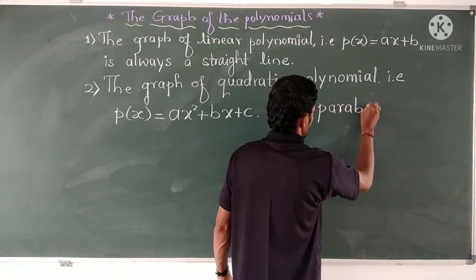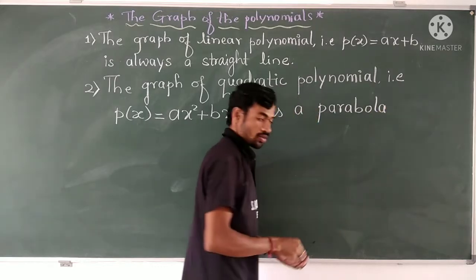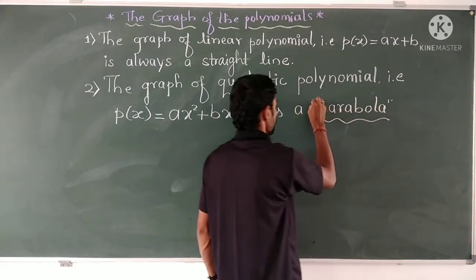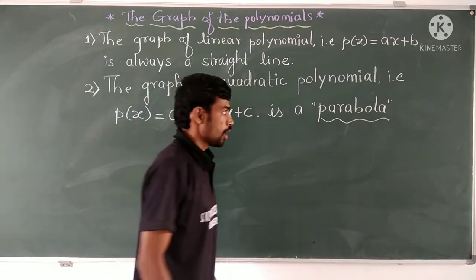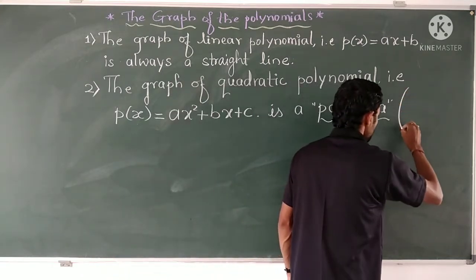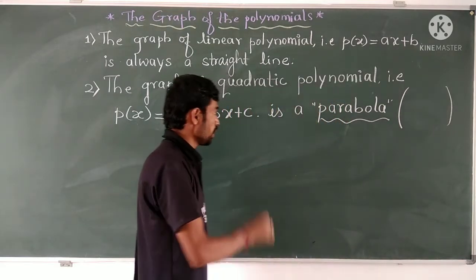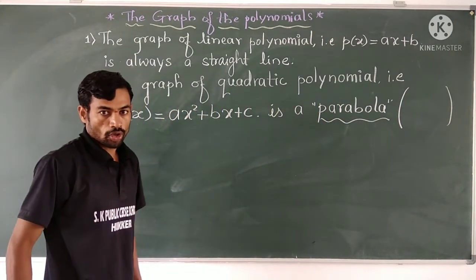This is a new word you are hearing now: parabola. A parabola is the graph which is obtained by a quadratic polynomial.